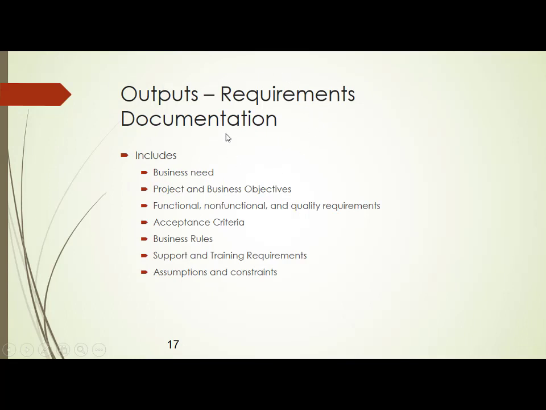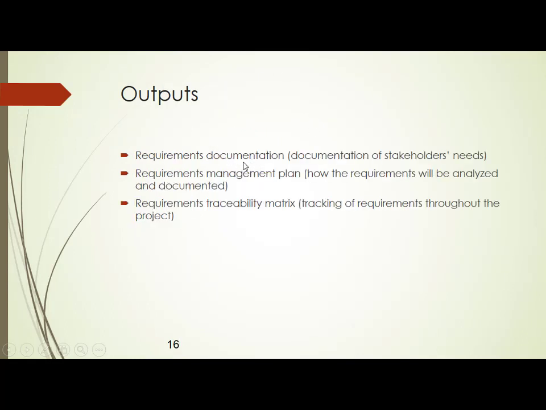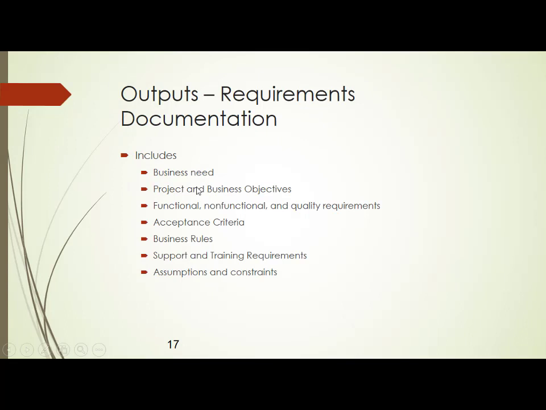So the requirements documentation, that is the first output, what all does it contain? It contains the business need, why you are doing this project. Then objectives, functional, non-functional and quality requirements. All the requirements will be mentioned in the requirements documentation.